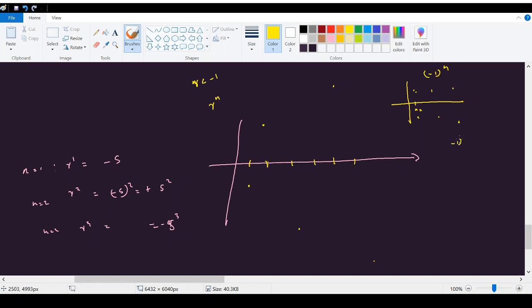The other case was -1 over n, and in this case the sequence oscillates, but the terms get closer to each other, and eventually it will reach 0. So in this case it was a converging sequence, and in the first case it was a divergent sequence.